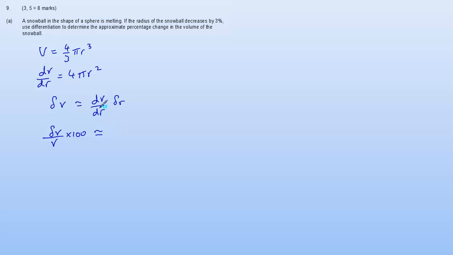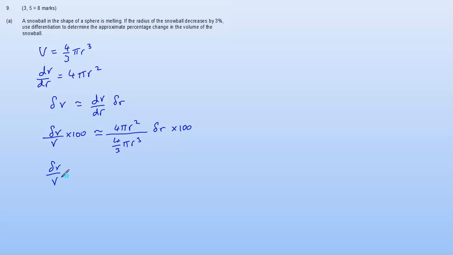is going to be, now dV/dr is 4 pi r squared. We want to divide by V because we have to do the same to both sides, but this time I'm going to write this as 4/3 pi r cubed. And then we have delta r, and don't forget we need to multiply this side by 100 as well.